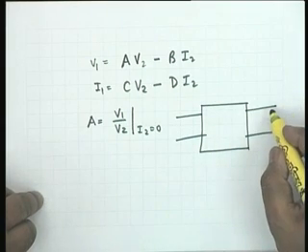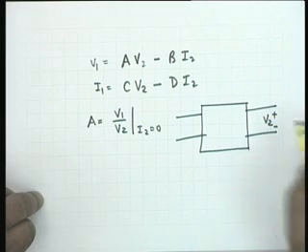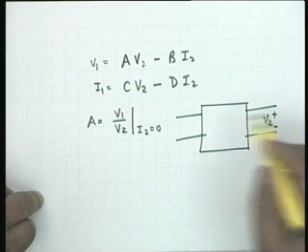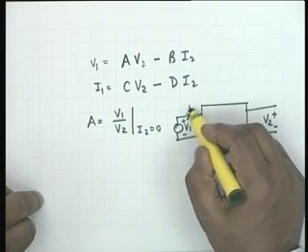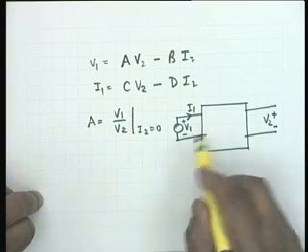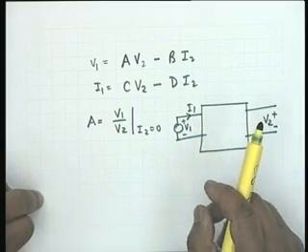I2 equal to 0 means port 2 is opened, and therefore, the measurement is of V2 with a V1 here, which means that V1 is the independent supply, the generator is V1 not V2. So, in terms of measurements, measurements have nothing to do with what we call independent parameters, independent currents or voltages.